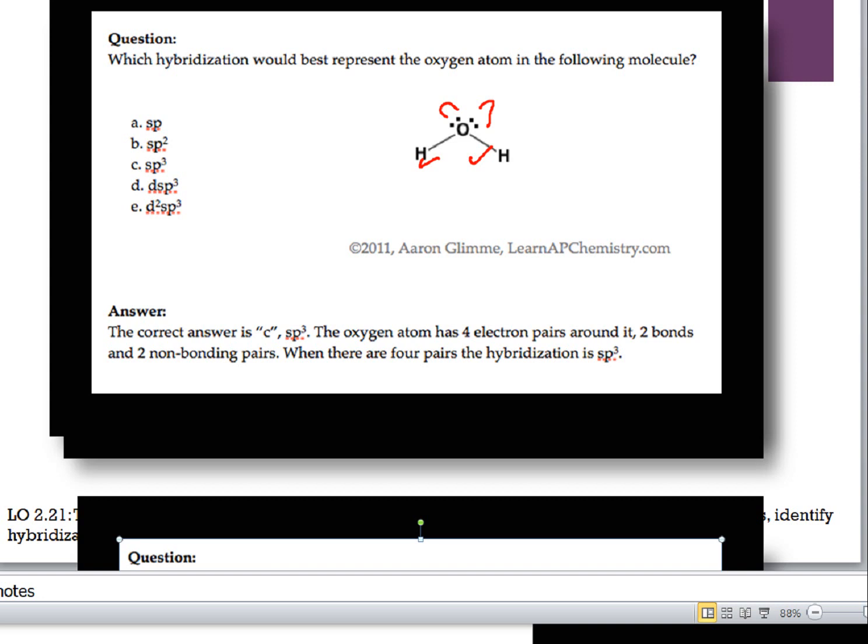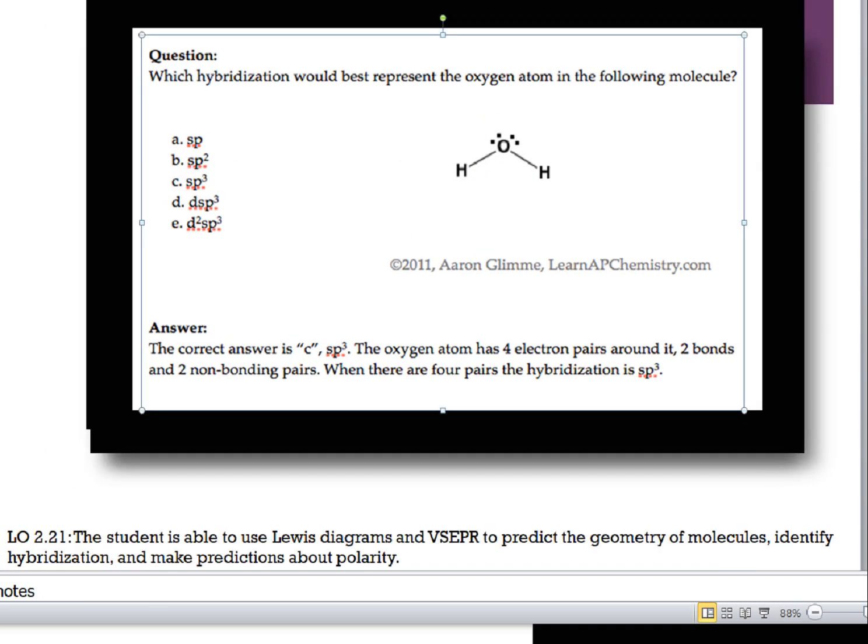So the hybridization should be sp3. To be able to answer this question, which hybridization would best represent oxygen in the following molecule, we said that it should be sp3 because the central atom is surrounded with 4 effective pairs of electrons.